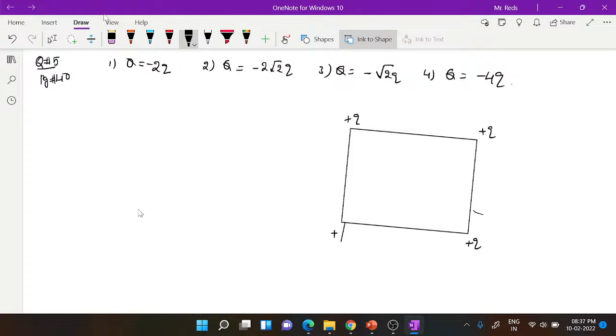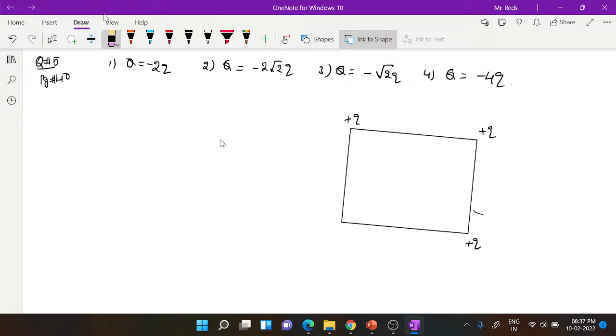The charge plus q is fixed to each of the three corners of a square, and at the empty corner a charge. Okay, let us see. So I kept the three charges here.